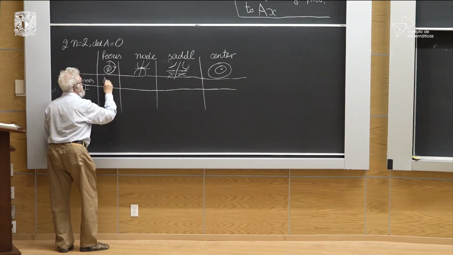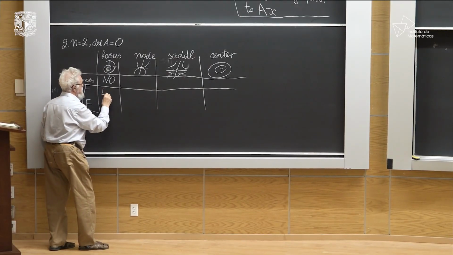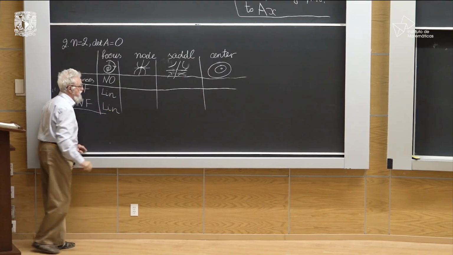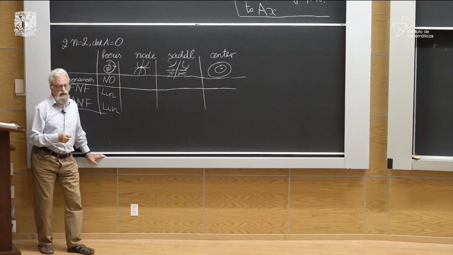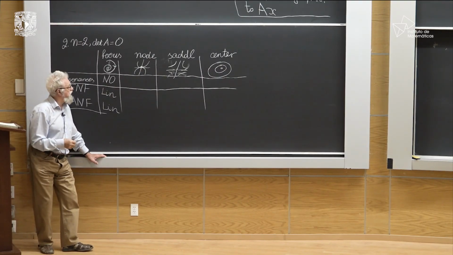No resonances in the focus case. The formal normal form is linear, and the analytic normal form is always linear. This is a part of the Poincaré theorem, which was a starting point of the normal form theory.